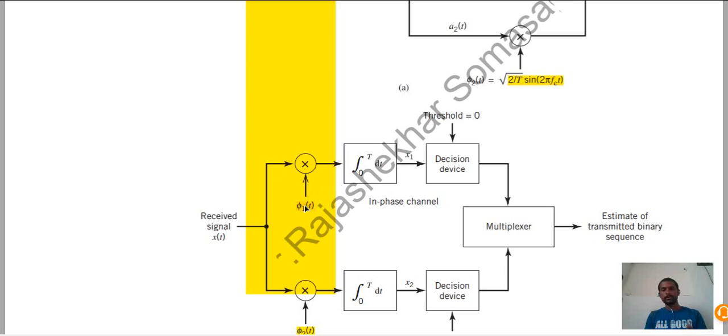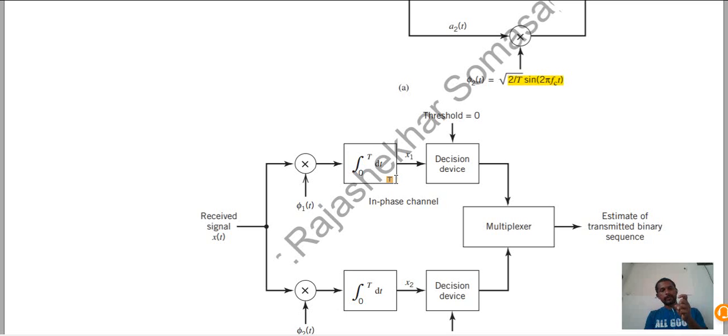The first dimension is decided by phi 1 of t, and the second dimension is decided by phi 2 of t, and these are given to the two correlators shown here. The first correlator is the in-phase channel, and this is the quadrature phase channel. First, phi 1 of t detects x1.